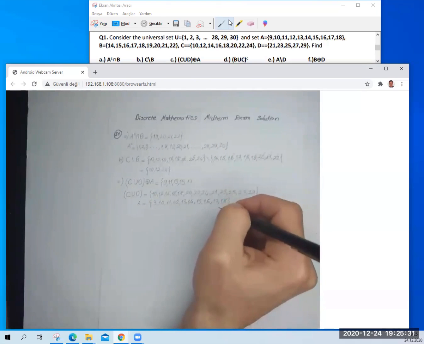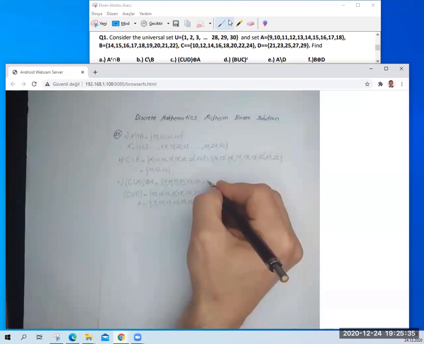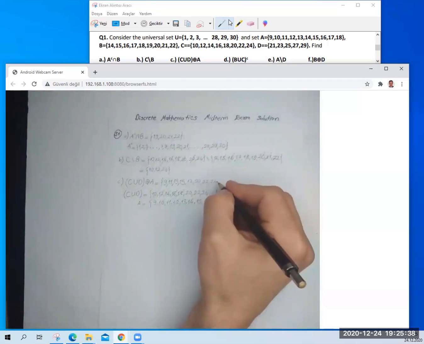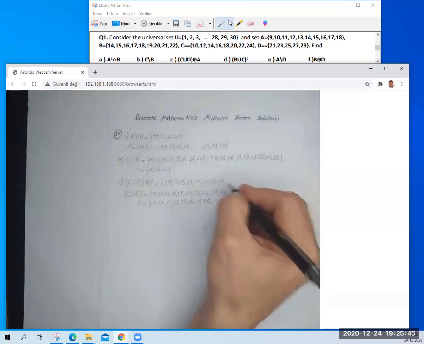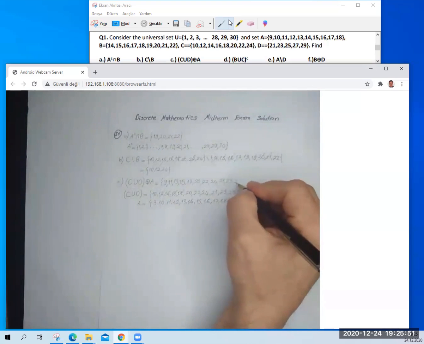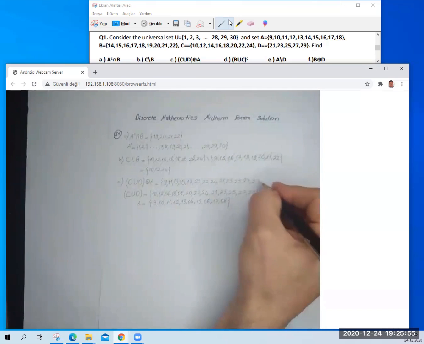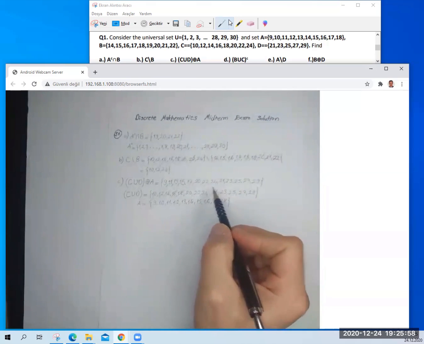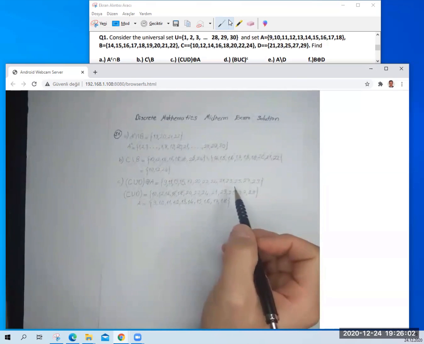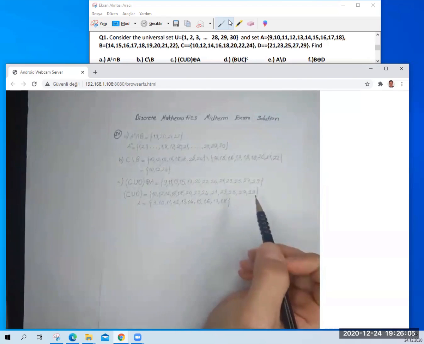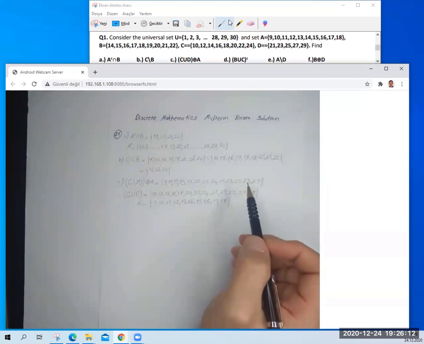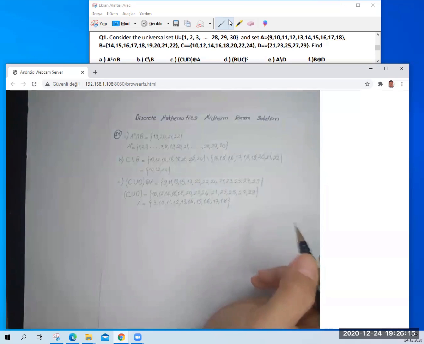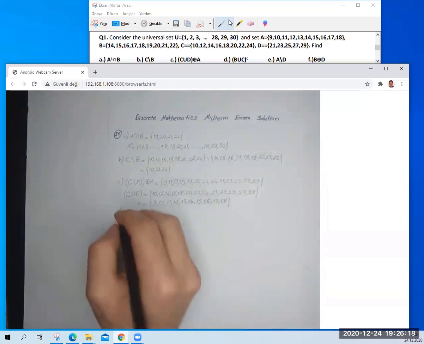No, 18, I erased that one, and 20, 22, 24, and 21, and 23, and 25, 7, and 29. This is my solution. And if you order them from less to greater, you can change the members' places: 20, 21, 22, 23, 24, and 25, something like that. This is going to be your answer or solution.